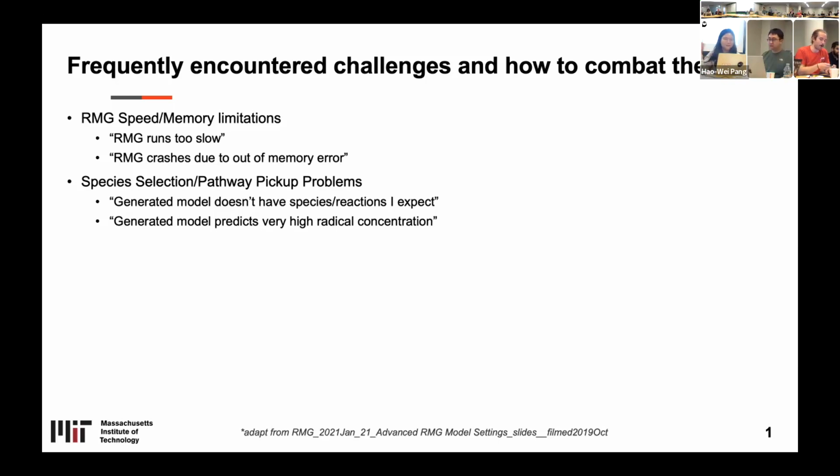The second part of the talk will be on when RNG generates a model, but that model doesn't have the species or reactions I expect based on my chemical knowledge, or the model predicts some very high radical concentration that just does not make sense physically. I'm going to talk about the first, okay.